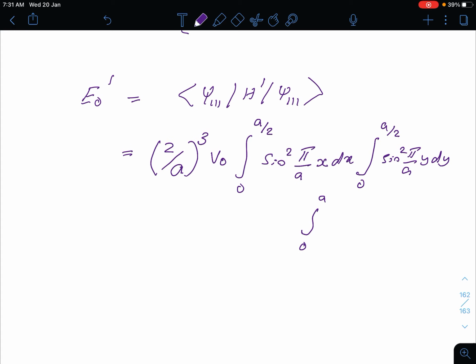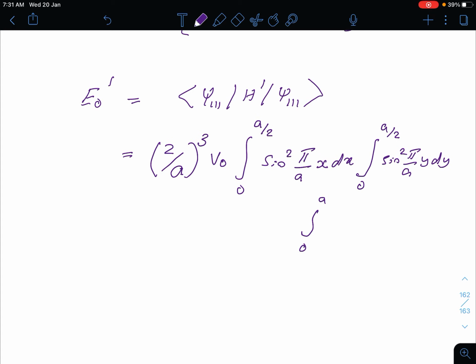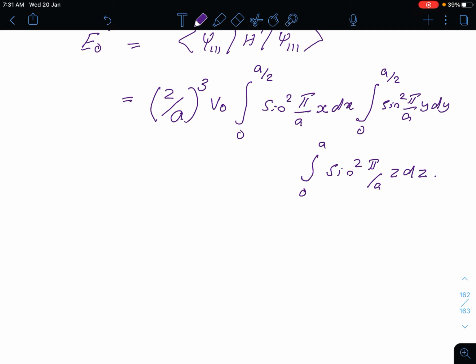For z, it is the full range 0 to a. So that is sine square pi by a z dz. Now you have to find out all these three different integrals, times 2 by a cubed, V0.